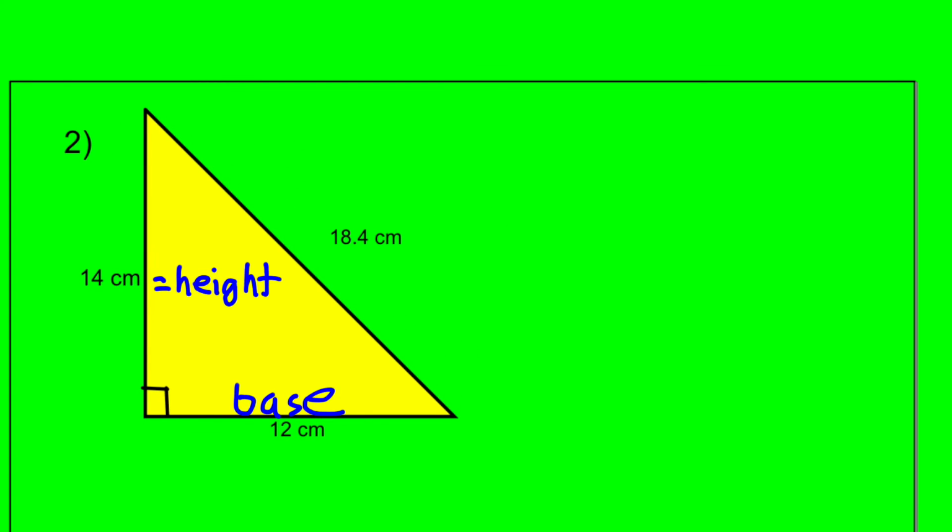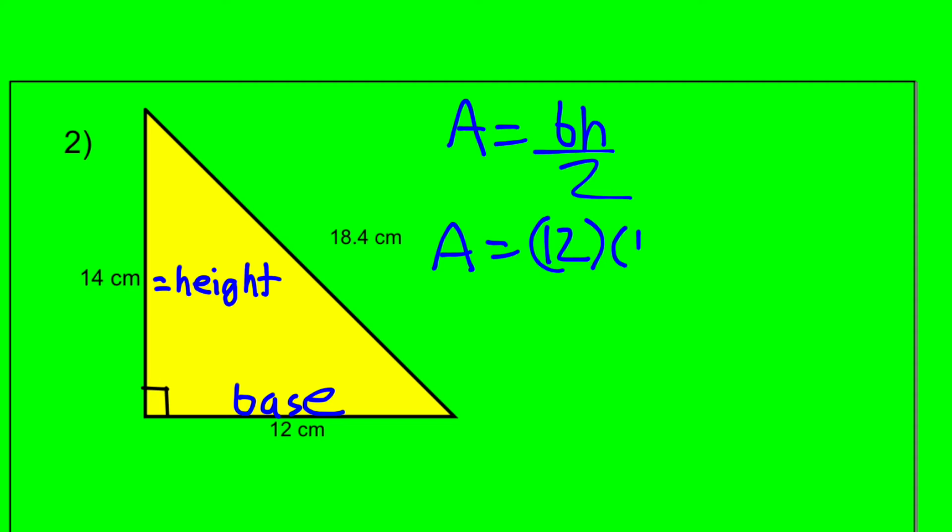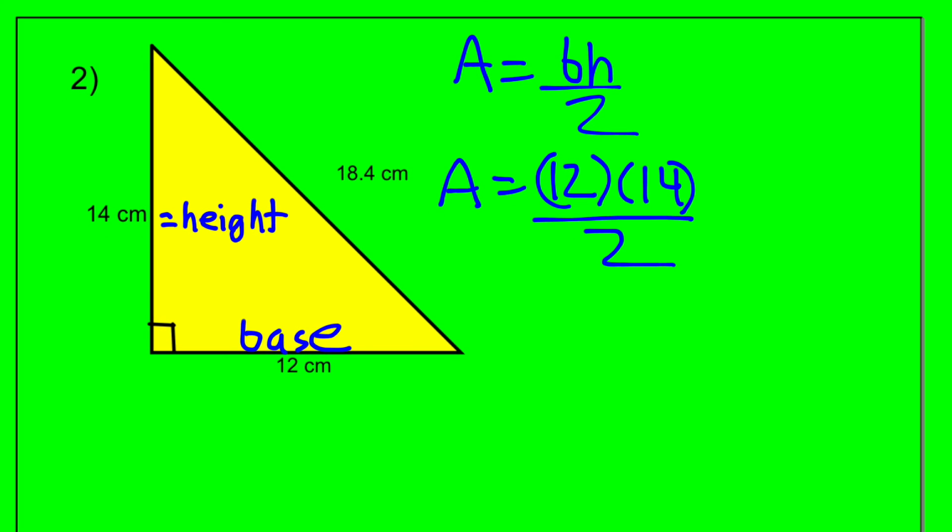To calculate the area of this triangle, we do A equals base times height, divide by 2. A equals 12 times 14, divide by 2. And you know what I'm going to do here? I'm going to do 14 divided by 2 gives 7.